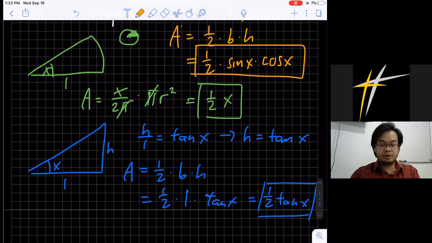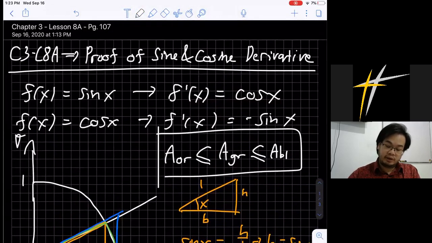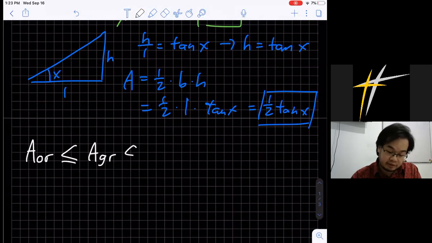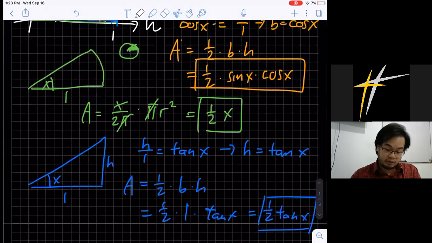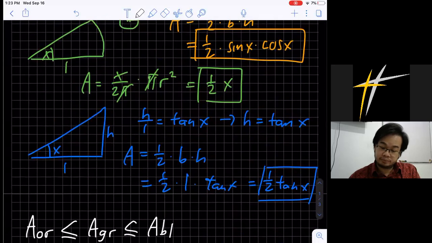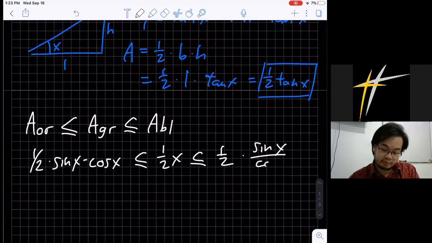Okay. Now let's continue to this one. We know that the area of the orange is less than or equal to the area of the green, less than or equal to the area of the blue one. Okay, so I can say half times sine x times cosine x is less than or equal to half x, less than or equal to half tangent x, which is tangent x equals sine x over cosine x, right?